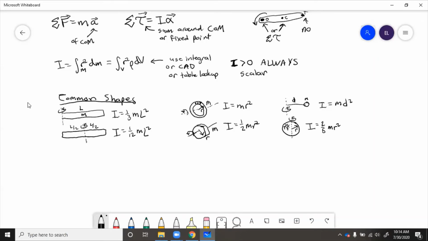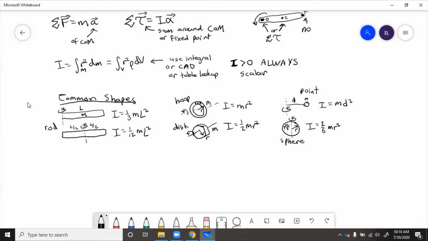We can see that with the rod here. So say this is rod, hoop, disk, sphere, and point. Okay, now how do we know what moment of inertia is if it's rotating around an axis that's not through the center? How could we figure that out?